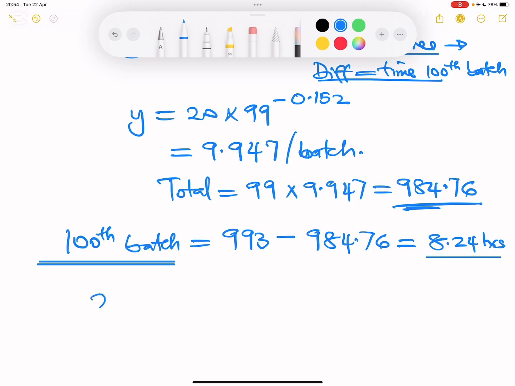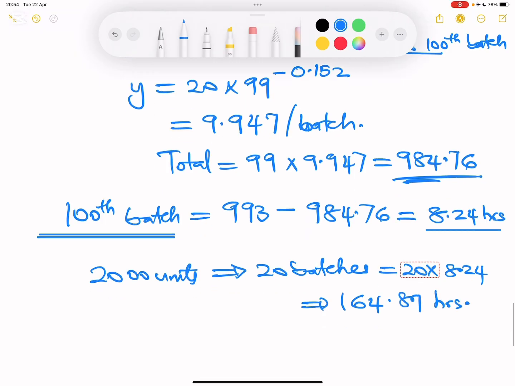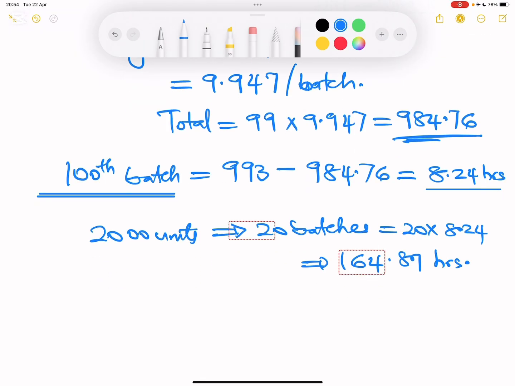In that case, the remaining 2,000 units that we are talking about, which is equivalent to 20 batches, will consume 20 times 8.24 hours. And that will be equal to 164.87 hours in total. So now we know the total hours for 100 batches, which is 993.